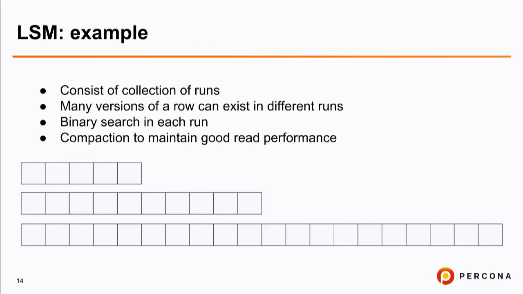Here is an example of an LSM. What is important here? Each level consists of a collection of runs. Many versions of a row can exist in different runs, because when we update some key-value pair, the update is pushed to the lowest level and then merged to the next level.